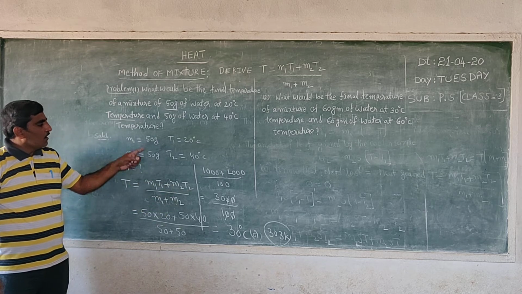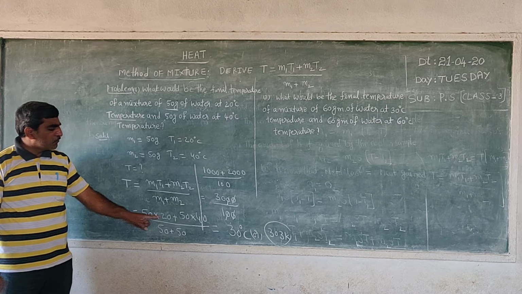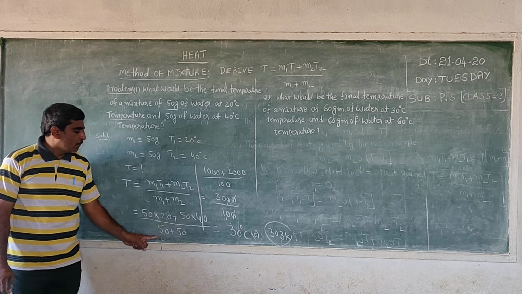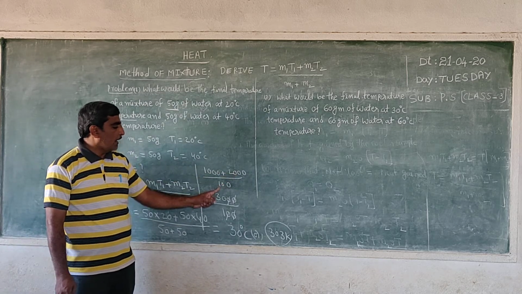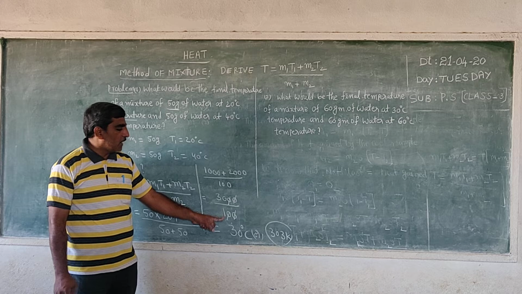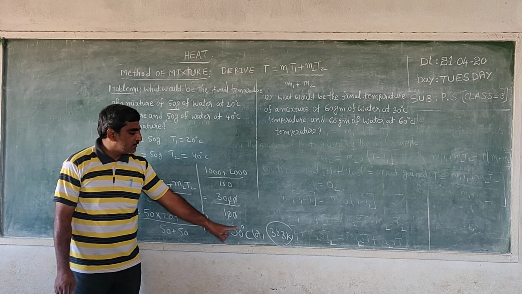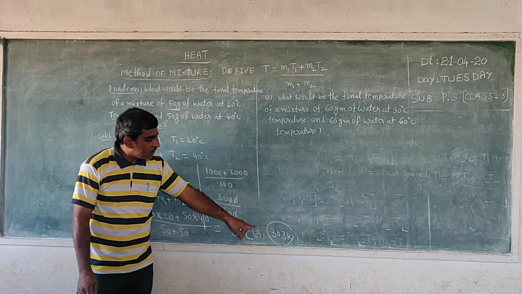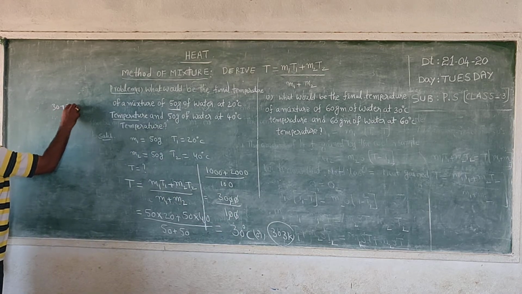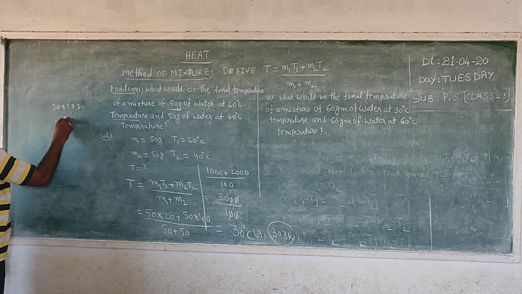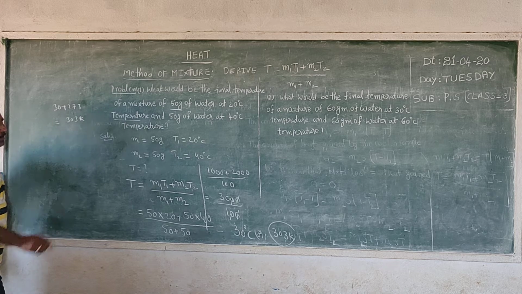We can substitute the given values: 50 into 20 plus 50 into 40 by 50 plus 50, that is equal to 1000 plus 2000 by 100, that is 3000 by 100. Two zeros cancel, that is equal to 30 degrees Celsius. We can convert this temperature: 30 plus 273 is equal to 303 K.